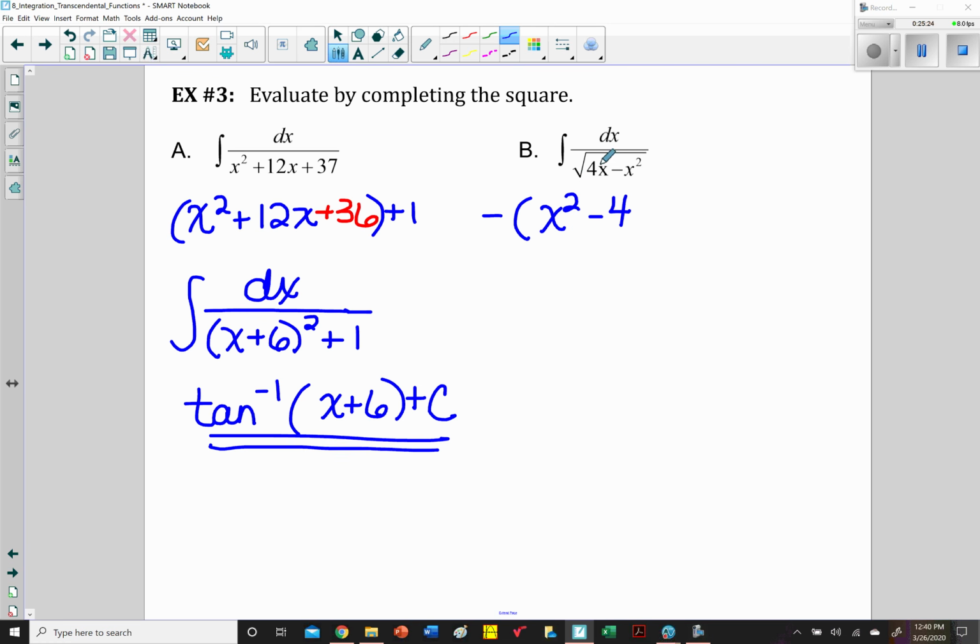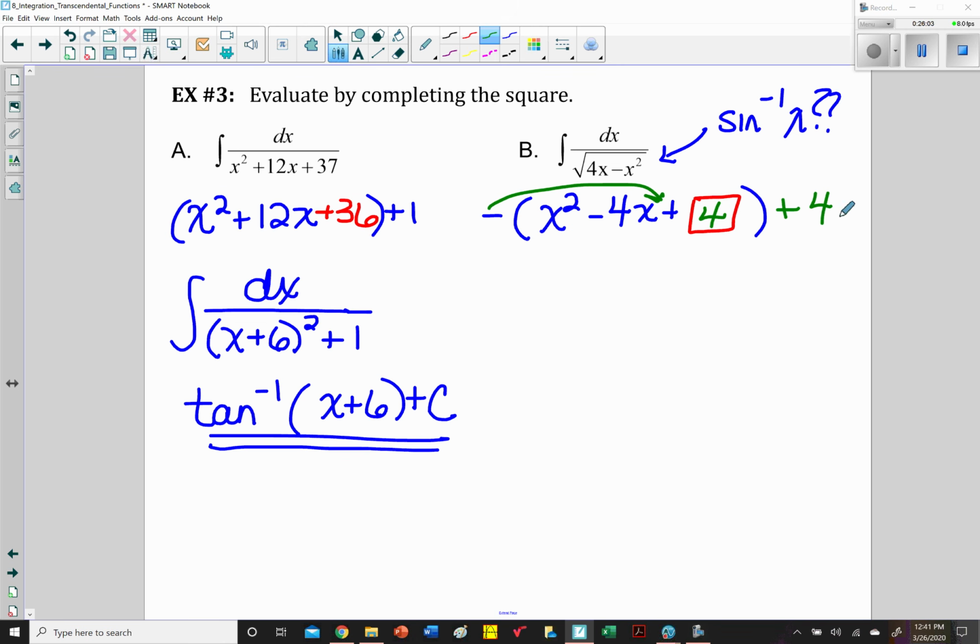So I'm looking at taking, in this example B, taking the negative out front and thinking about completing the square so that we could create a sine inverse. We want to turn this into a sine inverse somehow, right? How can we do that? So half of 4 is 2. 2 squared is 4, but we would need to balance that out with adding the 4, because in this case I'm subtracting a 4.